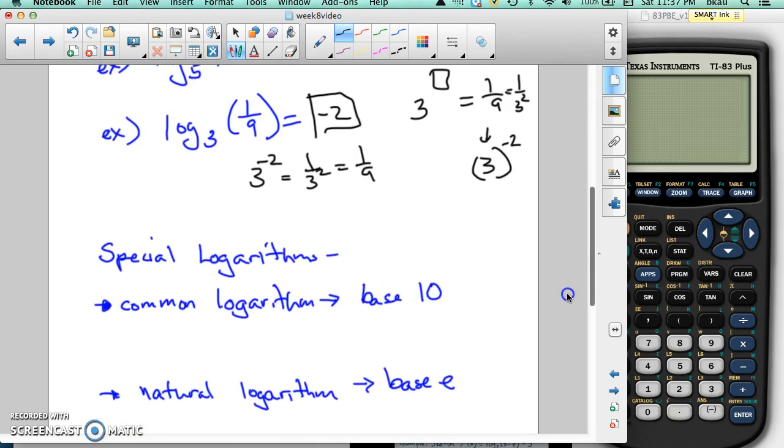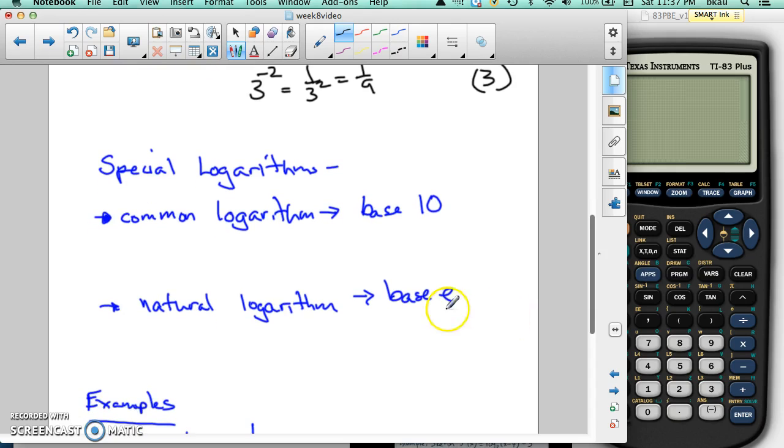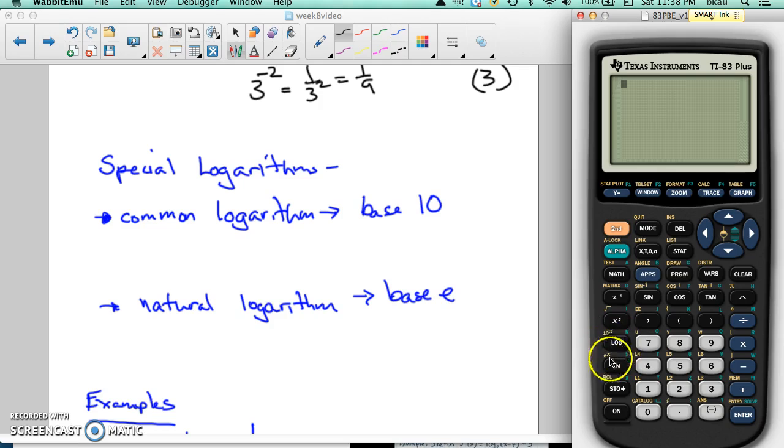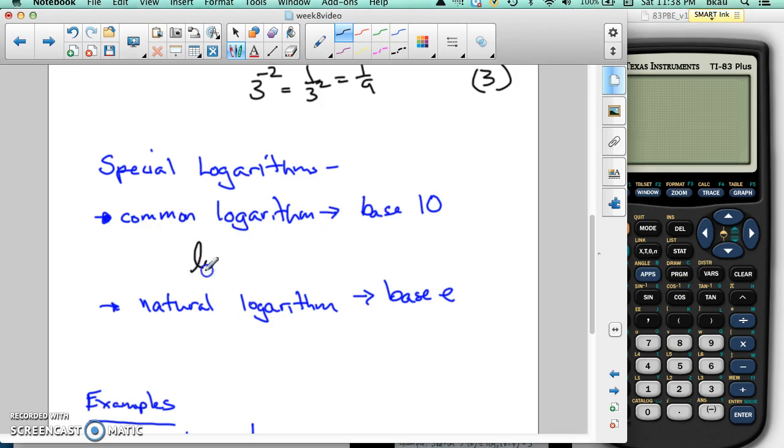Also in this section, we're going to be doing some special logarithms like the ones on your calculator, which has LOG and LN. Those two special logarithms are called the common logarithm, which is base 10. If you see a log written without a base, that's base 10, since our number system is in base 10.